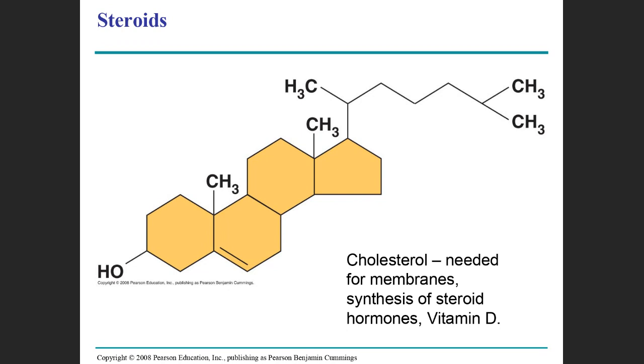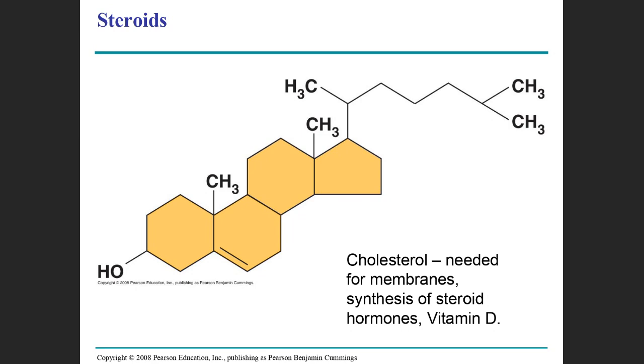It's good because it's essential. We need cholesterol, right? Cholesterol helps maintain membrane integrity. Cholesterol is also converted into the sex hormones, testosterone, and one of the estrogens. So they're based on cholesterol. So we need those in order to make the steroid hormones testosterone and one of the estrogens. Vitamin D is also synthesized from cholesterol.